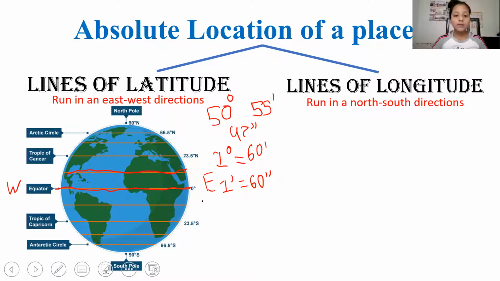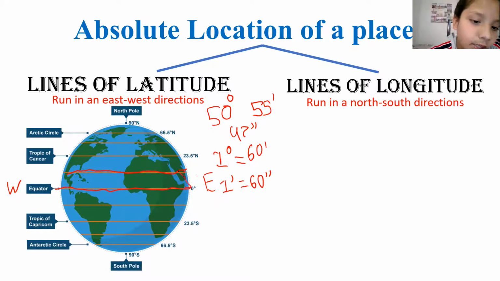So for lines of latitude, it goes from 0 degrees to 90 degrees on both sides. What I mean is, see, the equator, and on the top it's 90 degrees north, and 0 to 90 degrees south. S stands for south, and N stands for north.